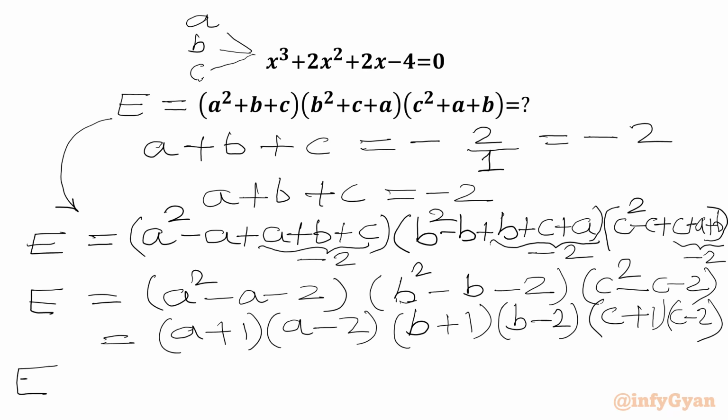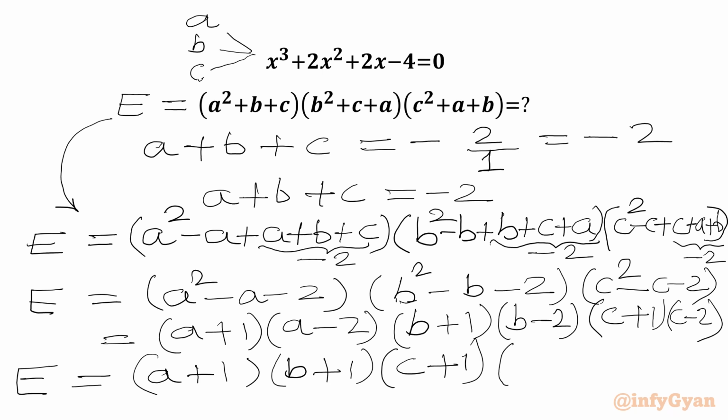Or we will write expression E equal to a plus 1 times b plus 1 times c plus 1 times a minus 2 times b minus 2 times c minus 2.